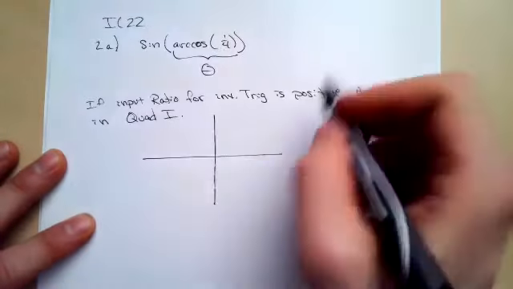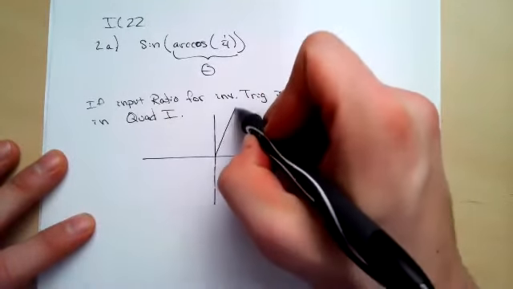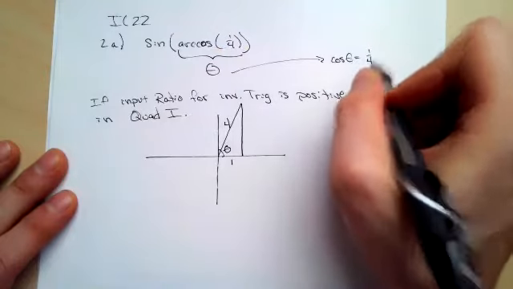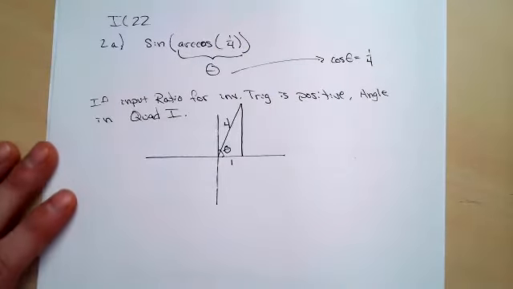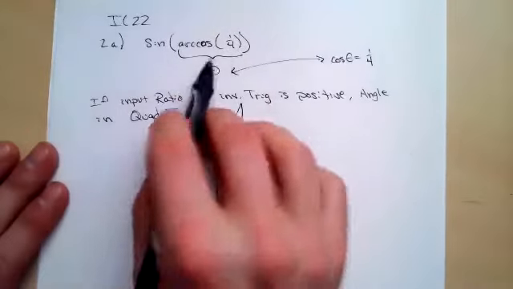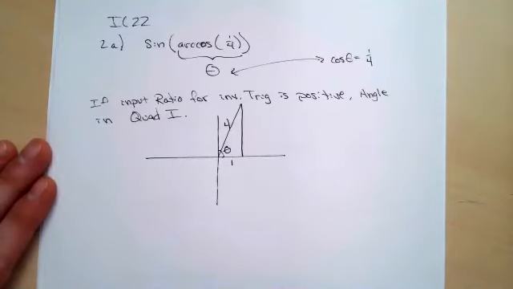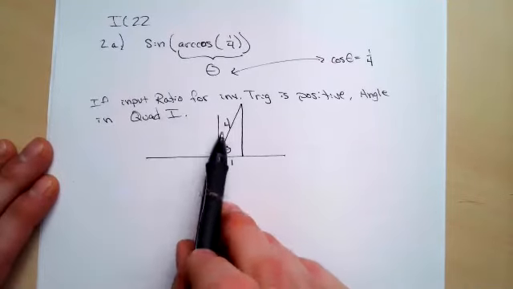So we're in quadrant 1, and what is special about this angle? The cosine of the angle should be 1/4. So essentially this statement just says that cosine of theta is 1/4. That's just the inside of that. So cosine of theta is 1/4.